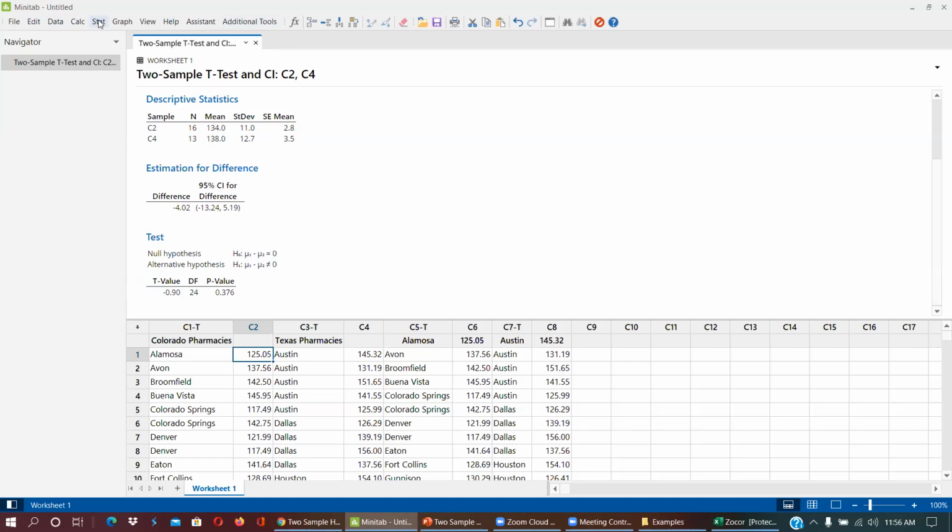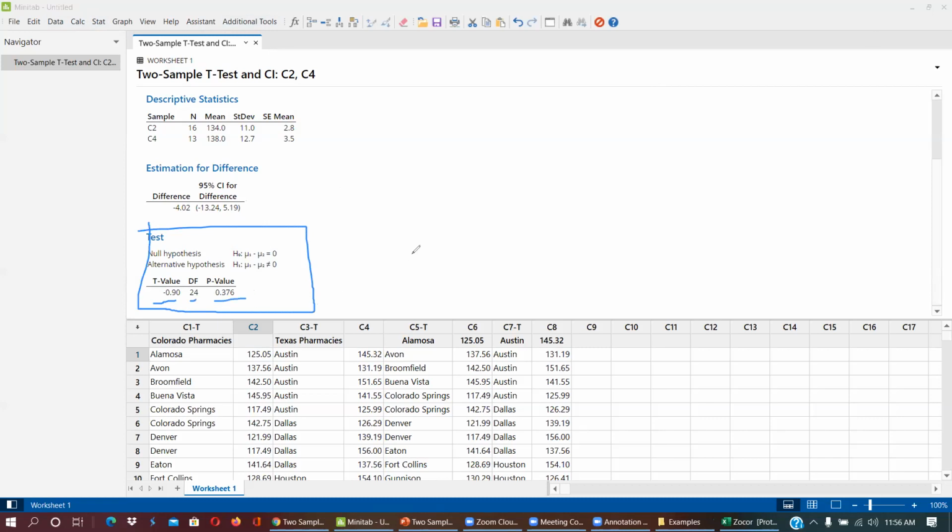Based on this calculation, what can we conclude? This is the confidence interval, I'm not going to talk about that. Let's talk about the test statistics. Here the t value is this much, degrees of freedom 24. How much is the p value? The p value is 37.6%.